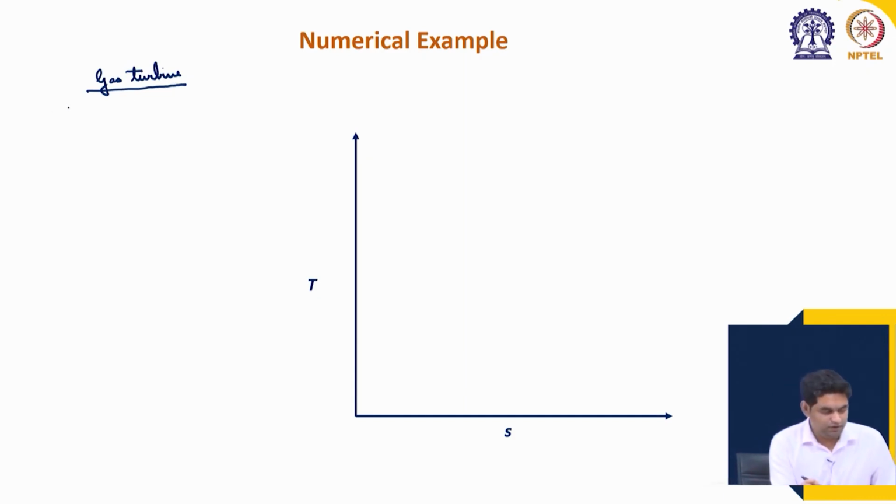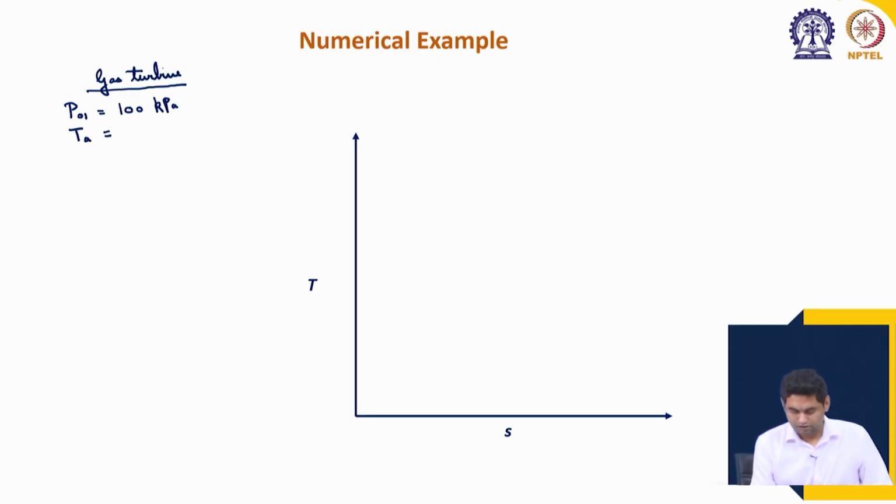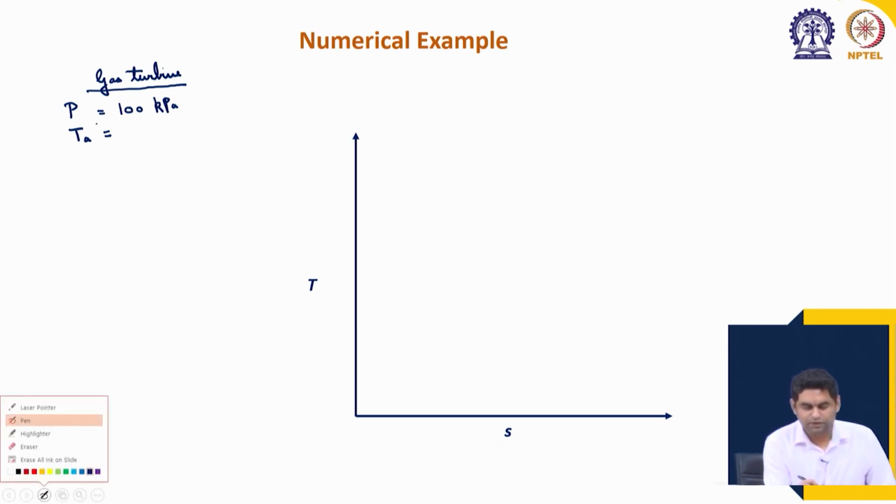The inlet condition: inlet pressure is 100 kPa, inlet ambient temperature is 300 Kelvin. Let us say the ambient pressure is 100 kPa and the ambient temperature is 300 Kelvin.